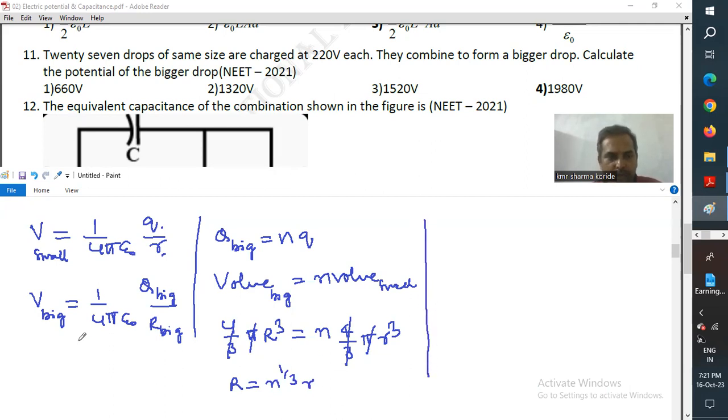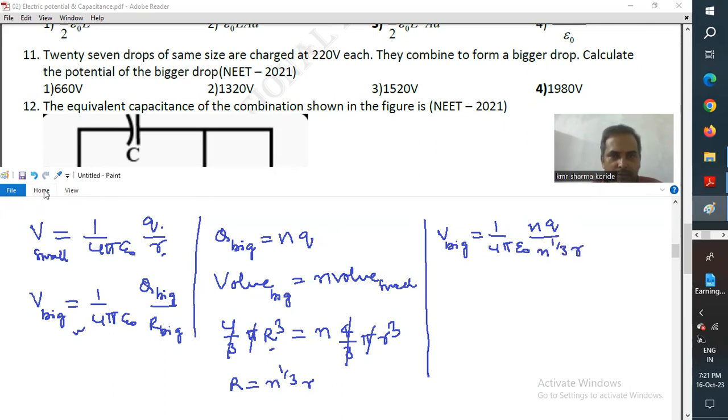Now let us substitute here. Potential of the bigger drop is equal to 1 by 4 pi epsilon naught, Q big is N into Q, over the radius of the bigger drop, which is N to the power of 1 by 3 with r.